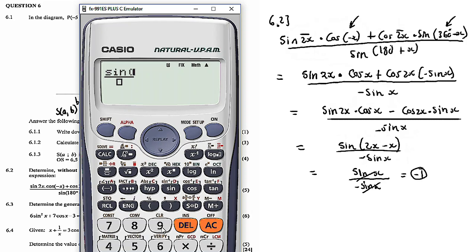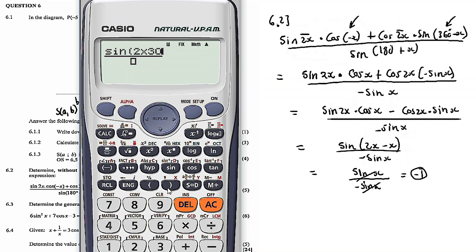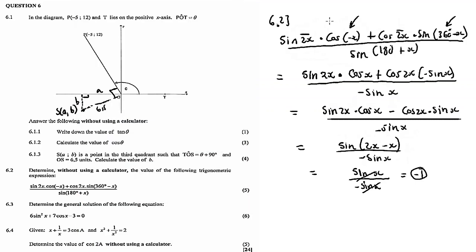Then you say sine of 2 times 30 close bracket times cos of negative 30, plus cos of 2 times 30 close bracket times sine of 360 minus 30 close bracket, divided by sine of 180 plus 30, equal to, and your answer is negative 1. Then you write it on the side.